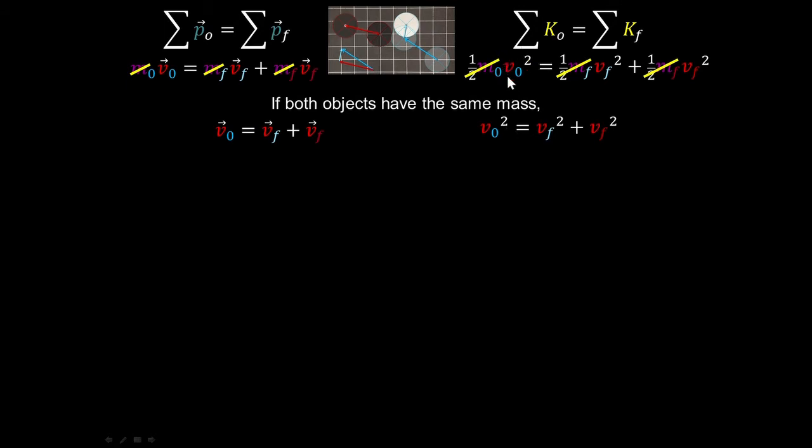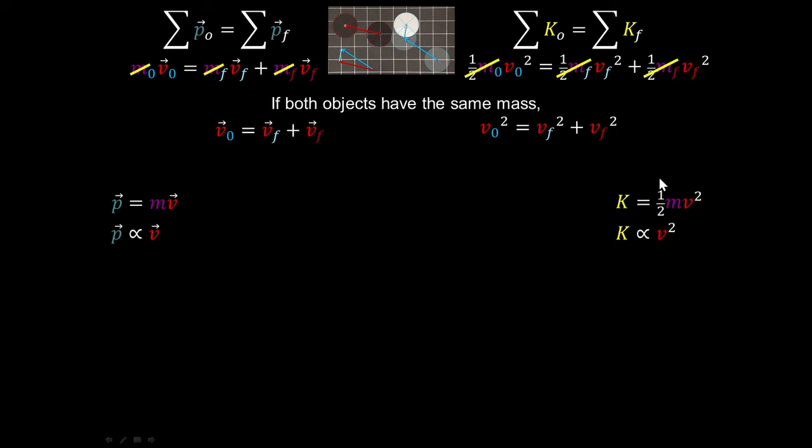Kinetic energy is just going to be proportional to the velocity squared. If momentum is mass times velocity and we cancel out the mass, the momentum is going to be proportional to the velocity. This is the symbol for proportional. And since kinetic energy is 1/2 mass times velocity squared, if we cancel out the 1/2 and the mass, then kinetic energy is going to be proportional to the velocity squared.